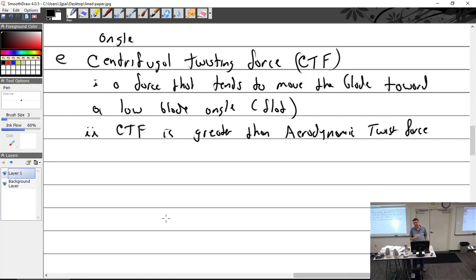They're counteracting the centrifugal twisting force of the blade, and they're using the counterweight to do that. That's a poor description the way I just said it.